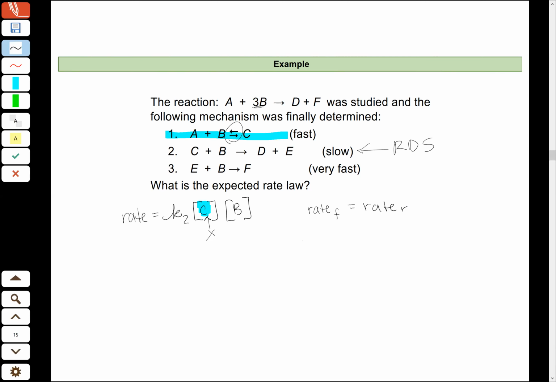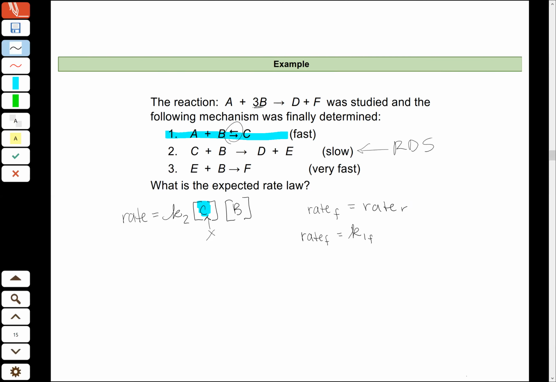Now, the rate of my forward reaction is going to be equal to my rate law constant. I sometimes do, instead of just F1, F2, to differentiate it between the second or third step if I have multiple steps that are in equilibrium.